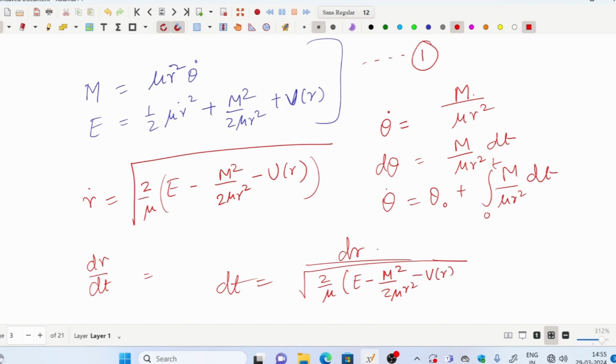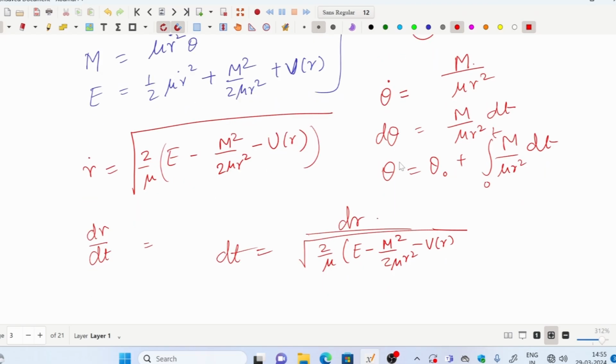Okay, so this dt we can use in the d theta expression, and theta we can find.